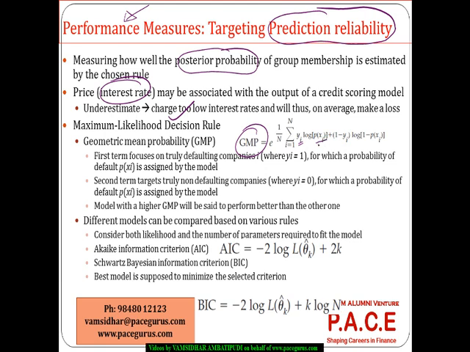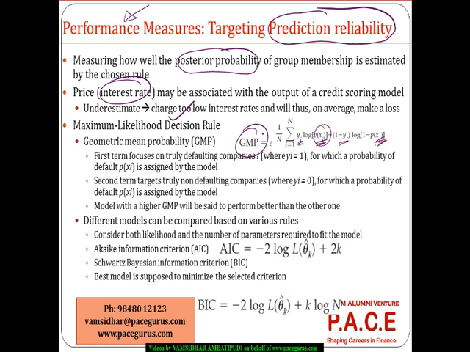The model has given the probability of default as xi, but in reality they have defaulted. And here we are talking of non-defaulting companies, where we give the probability of default as xi, but they have really not defaulted.